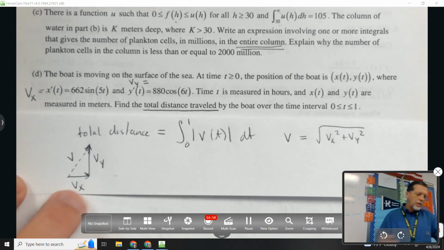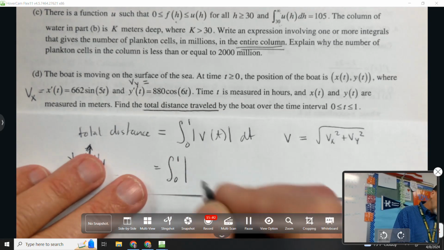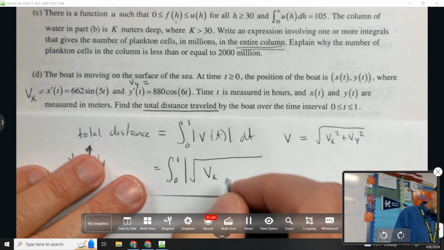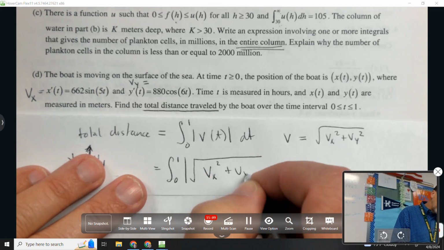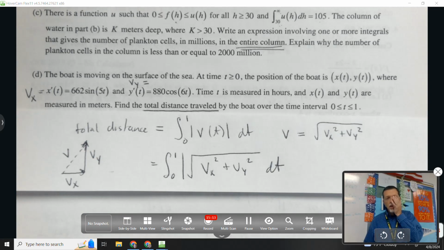So this is going to be ugly, ugly, ugly, but I'm going to leave it as Vx and Vy. The calculator is going to do all the hard work, so I do wonder if I should put that in.